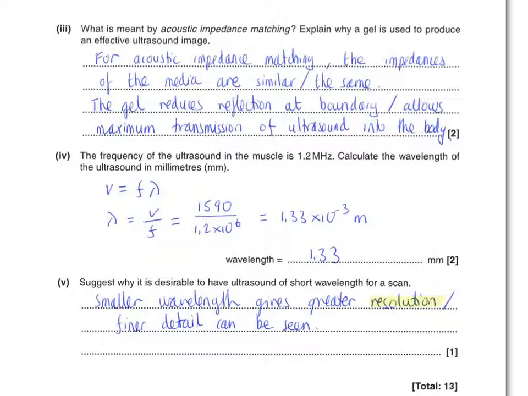And you had to select the speed in muscle from the table, which was 1,590 meters per second. Divide by the frequency in hertz will give you an answer in meters, and then you can convert that to 1.33 millimeters.